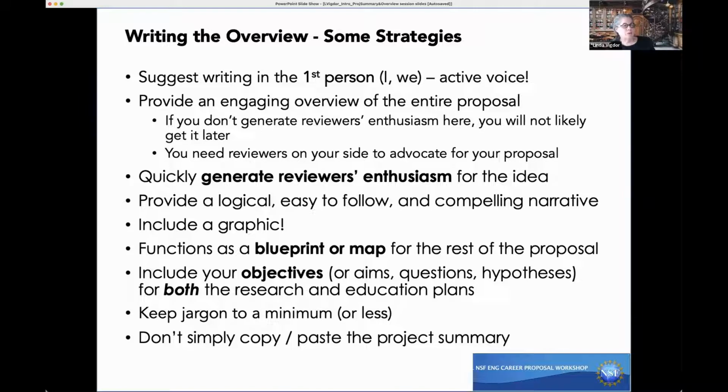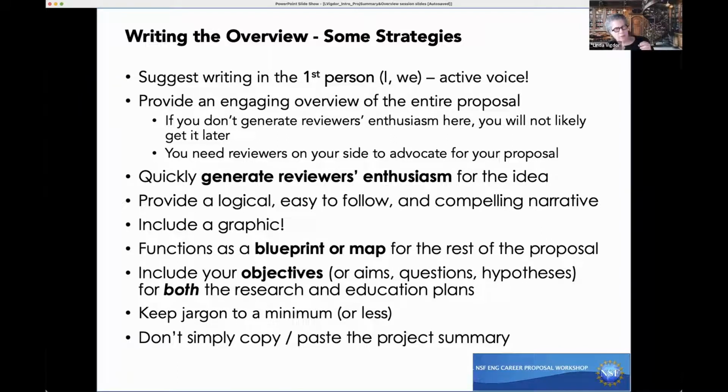And then also, you want to provide an engaging overview of the entire proposal. If you don't generate reviewers' enthusiasm here, it's going to be really hard for them to become enthusiastic later on.